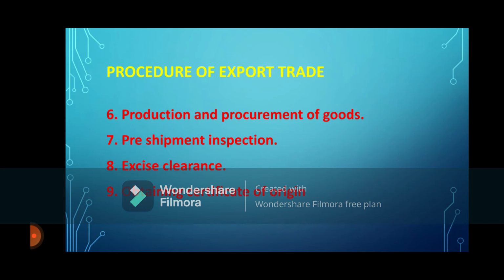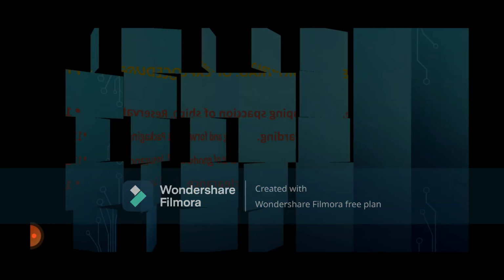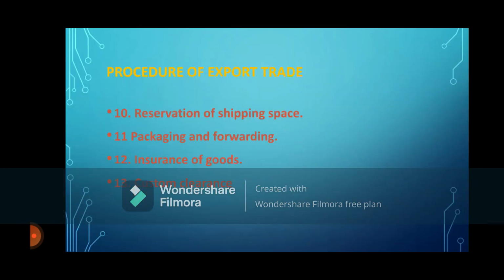This certificate is proof that the goods are actually manufactured in the country from where these are exported. And the 10th step in this process is reservation of shipping space.